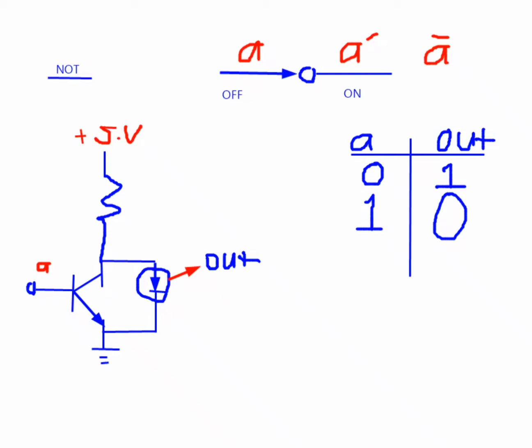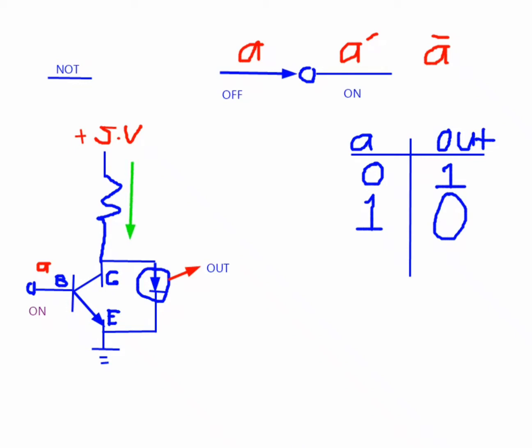Let's say the input A is in the on state. Will the LED be in the on state or off state? Once we apply a voltage to the base of the transistor, current will be able to flow from the collector to the emitter.